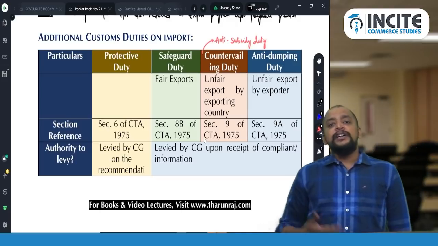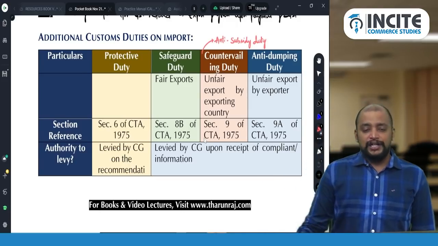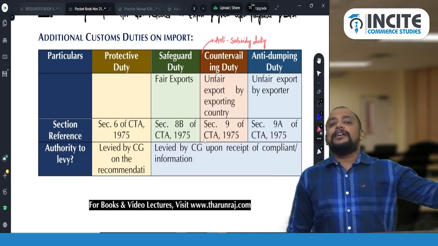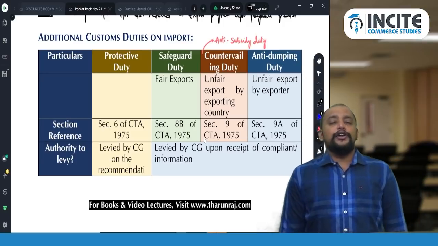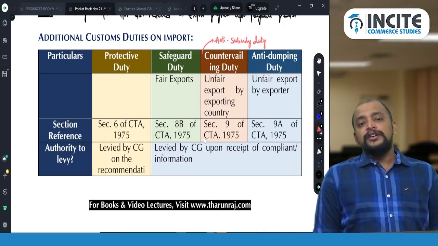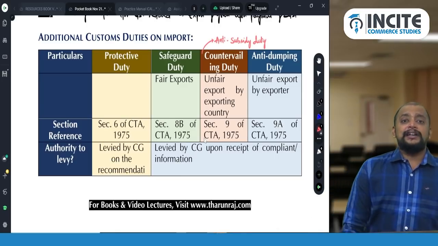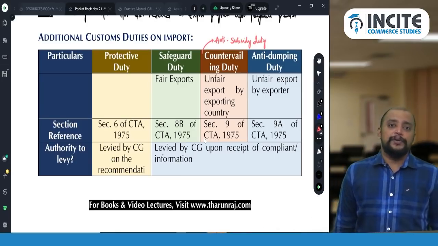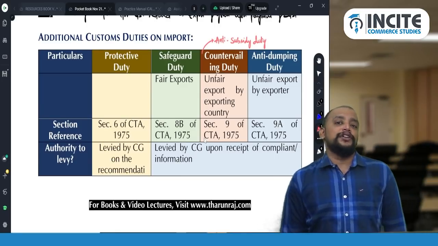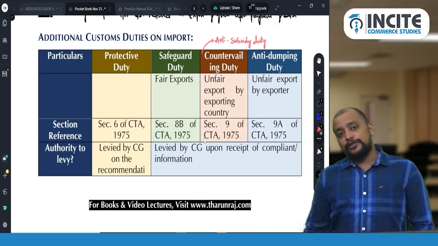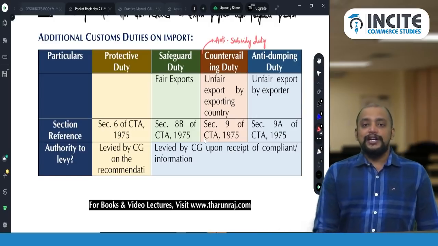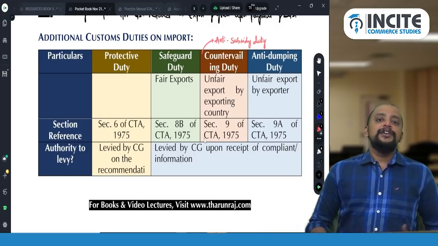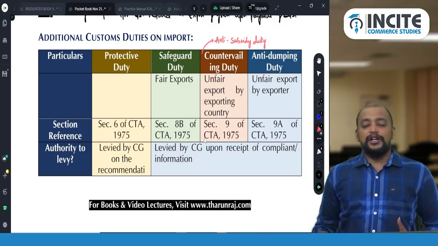They levy additional duties. For example, recently toys. A lot of Chinese toys were being imported. In order to avoid the import of Chinese toys, they added some anti-subsidy duties and anti-dumping duties and inflated the price of the toys. Therefore, compared to the imported toys, the locally made toys are feasible, available, and people are using them. This is how the domestic manufacturer is protected.